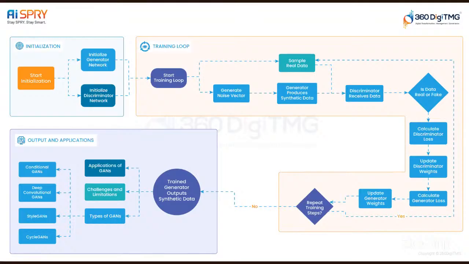So here in our initialization block, we prepared two players for the GAN framework. There is a generator network and there is a discriminator network.